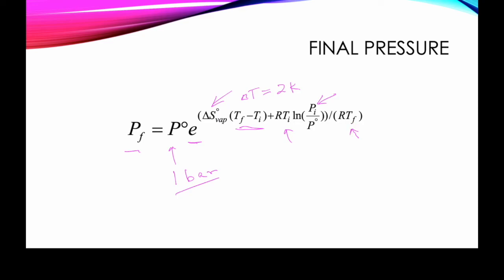So I'm going to leave this calculation to you at a later point. You're going to have to look up some factors. Let's go ahead and assume that our initial temperature is 298 Kelvin, and our final temperature is 300 Kelvin.